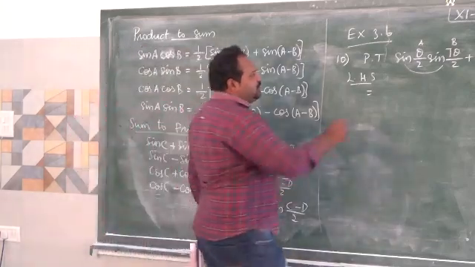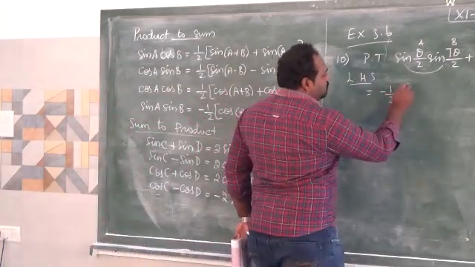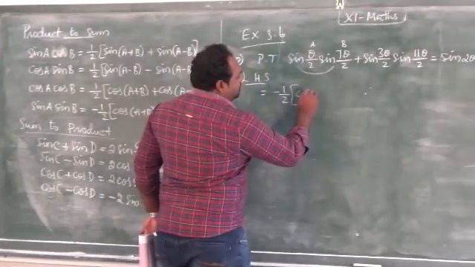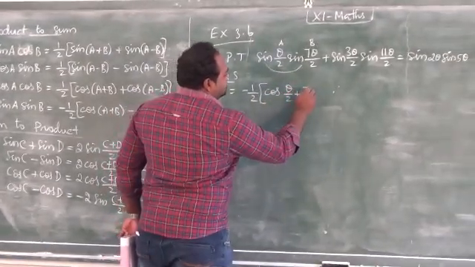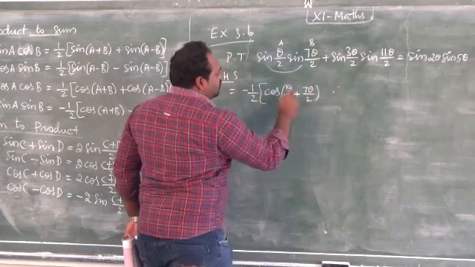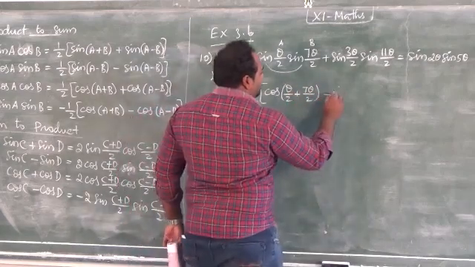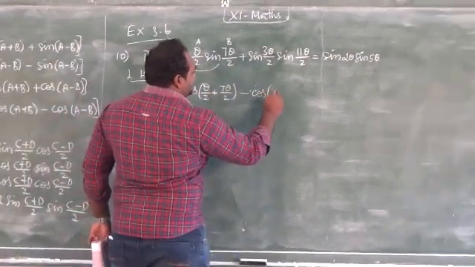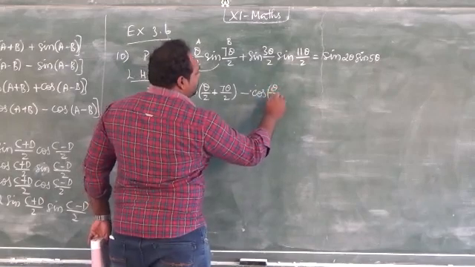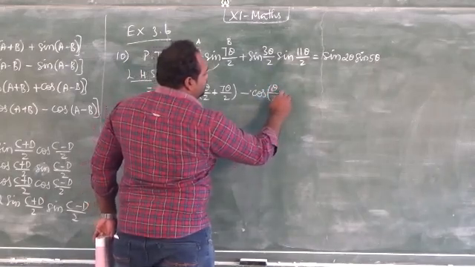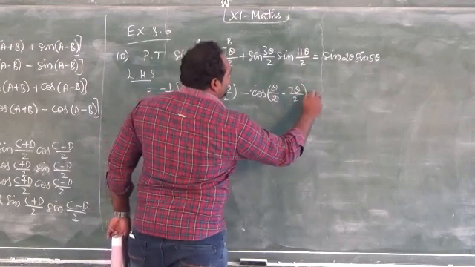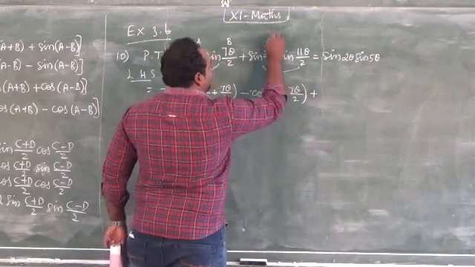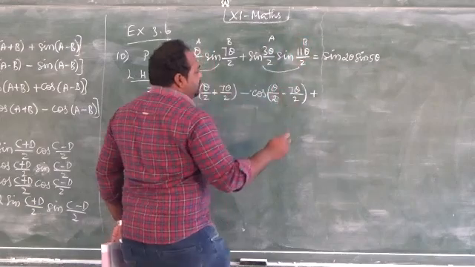So minus 1 by 2 cos of A plus B, which is theta by 2 plus 7 theta by 2, minus cos of A minus B, theta by 2 minus 7 theta by 2, plus, here also we can use the sin A sin B formula.